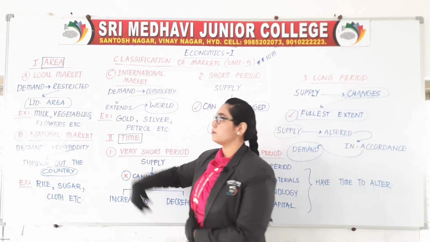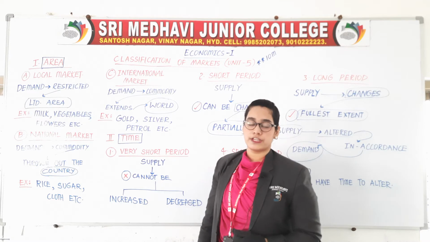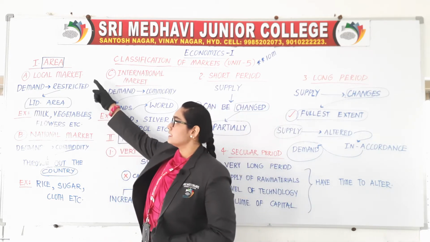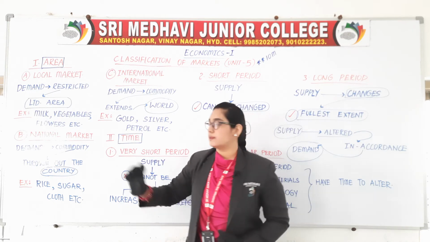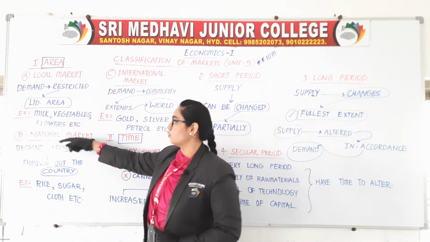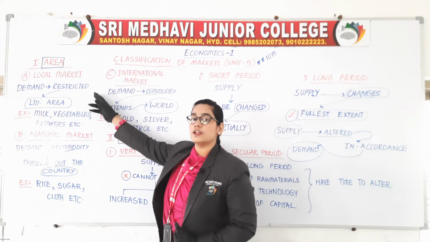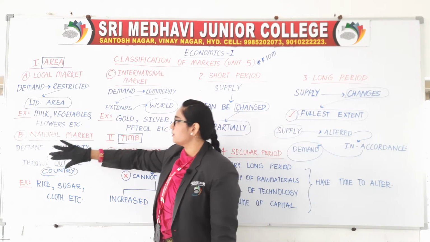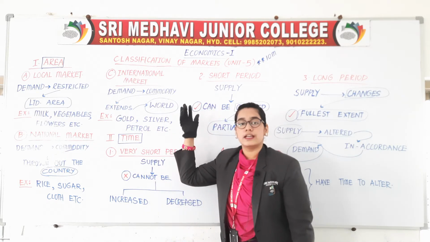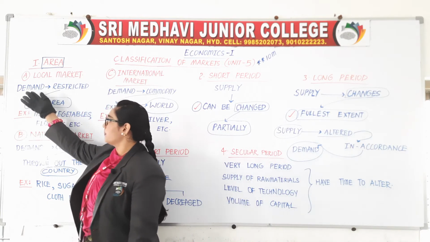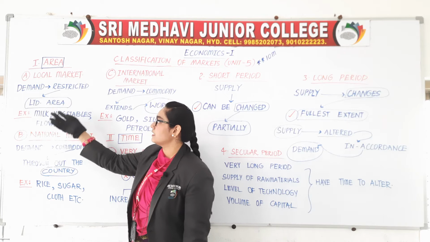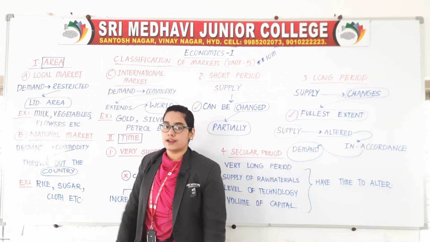Now we'll see the brief explanation of each and every side heading. So first, market was divided based upon area. Based upon area, it is divided into three types, that is local market, national market and international market. Coming to the first one, local market: the demand is restricted to a limited area.